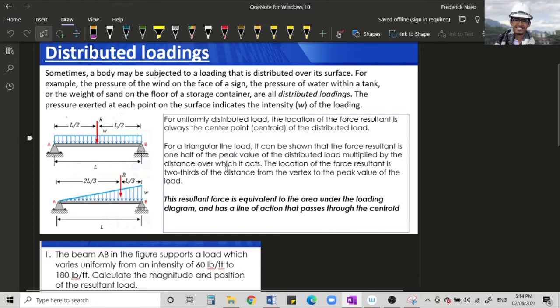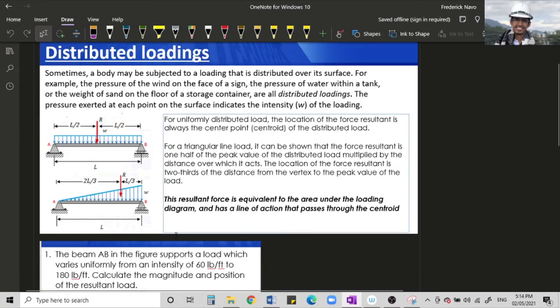And for the triangular line load, so yung resultant niya is acting at the 2/3 of the length ng ating body. Okay? In this case, we have the beam AB. So, yung resultant ng triangular loading will be yung location niya 2/3 from the left end, from the point A.